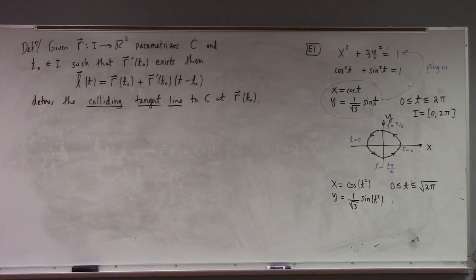So I think I've given you some homework problems where I ask you to find the parametrization of the colliding tangent line. This is it, all right?